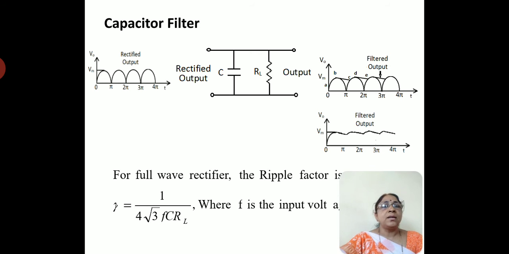the capacitor filter. Here, the rectified output is a pulsating output; we will get a unidirectional pulsating voltage. This is to be filtered using the capacitor, which is connected in parallel, because the reactance of the capacitor Xc is equal to 1 by omega C, that is equal to 1 by 2 pi FC.